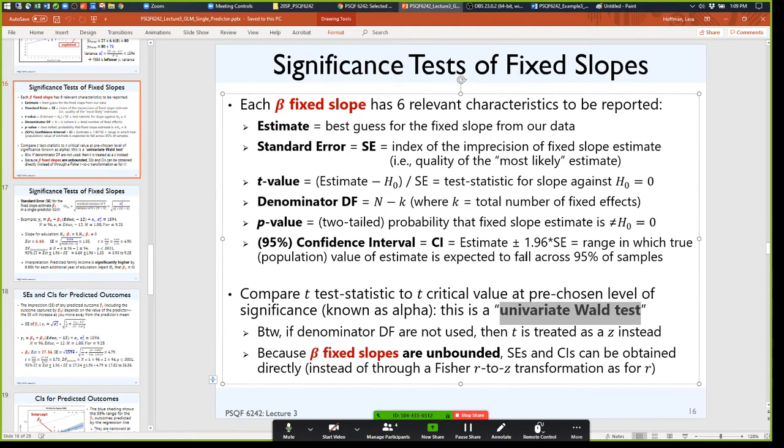It will almost always be a t. It will switch to z in instances in which you don't have denominator degrees of freedom. Either you are using software that doesn't use them, or you have generalized models for not normal outcomes. That's the next class, but it'll be t from now on in the rest of this class if we're testing one slope.